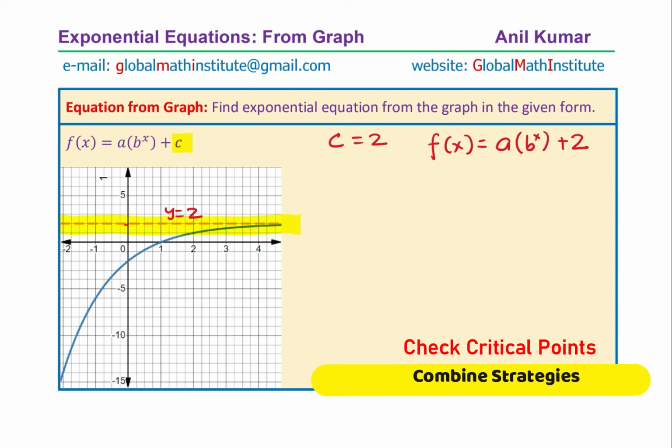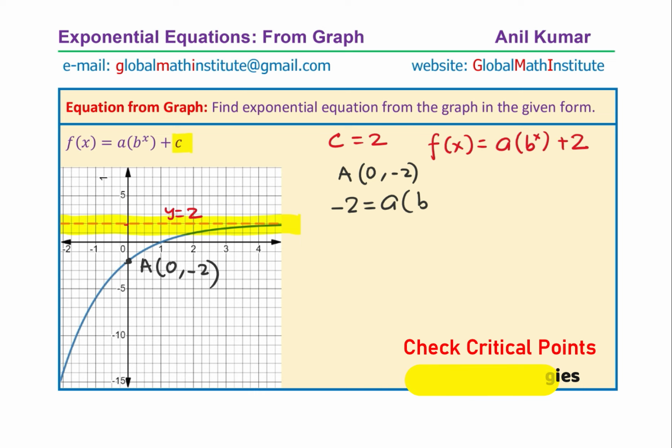Now to find the value of a, I should look at the y-intercept, which is for us at minus 2, right? So let me call this point as a, which is 0, minus 2. So if I substitute the value of a, which is 0, minus 2, I will get minus 2 equals to, this is f of x, a times b to the power of 0 plus 2, right?